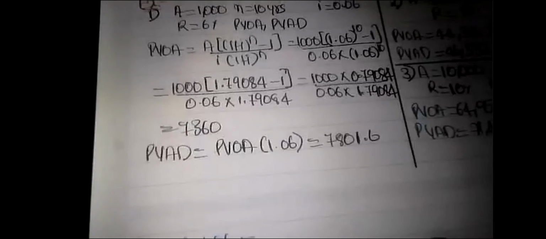I'm going to press it 10 times. 1 divided by 1.06, equal to symbol 10 times. Then I'll press grand total. After pressing grand total, I'll simply multiply it with the amount we have, 1,000. See here: 1 divided by 1.06, equal to symbol 10 times, grand total, into 1,000.